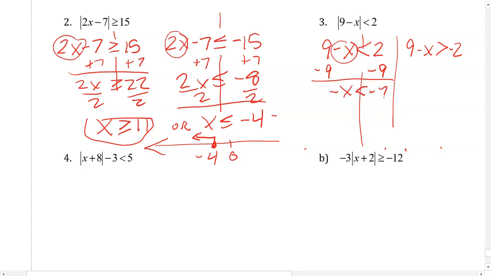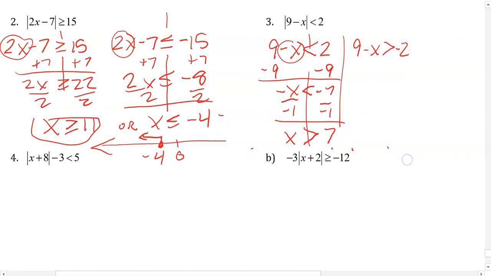Well, I don't want to know about negative x. I want to find positive x. So I need to divide both sides by negative 1. When I do that, I have to flip my inequality sign. So x would be greater than negative 7 divided by negative 1, which is positive 7. On my second solution set, I'll split and bubble.